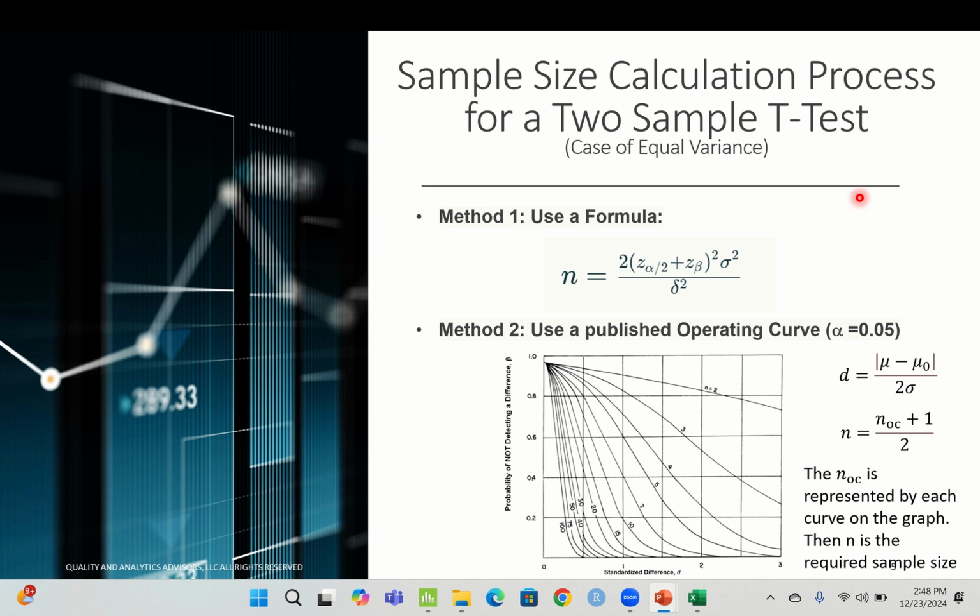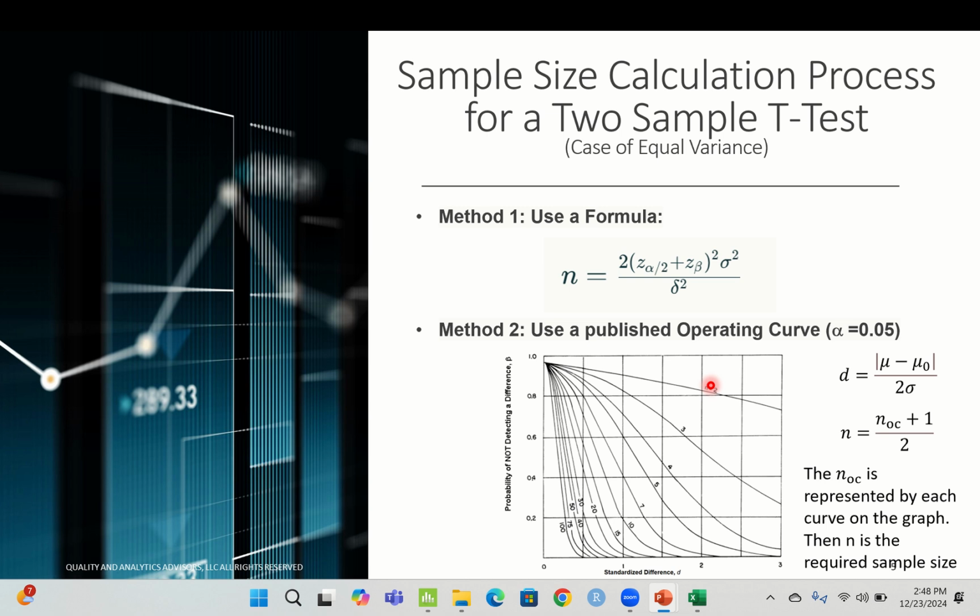The second method is using a published operating curve. This is a concept where we always plot the beta value against some standardized difference, and there are different curves for sample size. So all we have to do here is find the observation, so the intersection. So we have some formulas that are going to allow us to use this method.